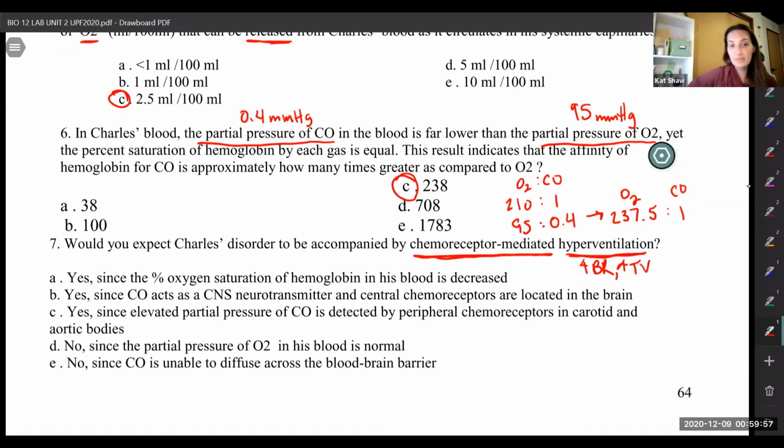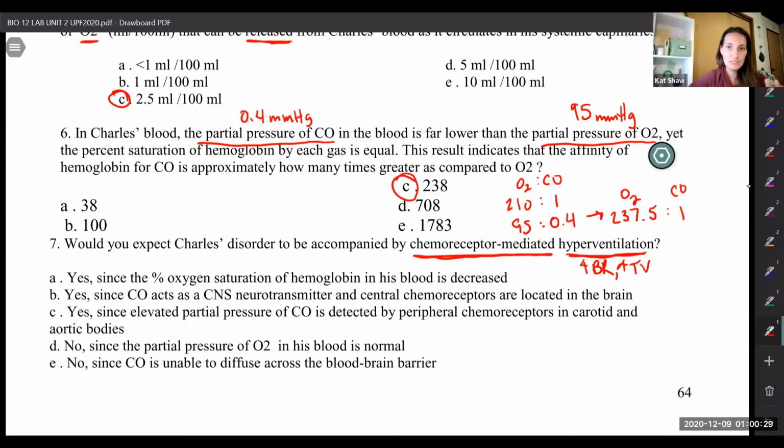The primary chemoreceptors, found in the medulla oblongata, are sensing hydrogen ion concentrations indirectly via the partial pressure of CO2. And that's all that these chemoreceptors can do: they can detect partial pressure of oxygen, partial pressure of CO2, or hydrogen ion concentration, right?